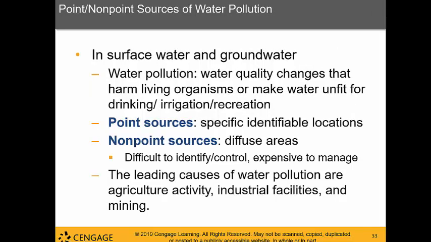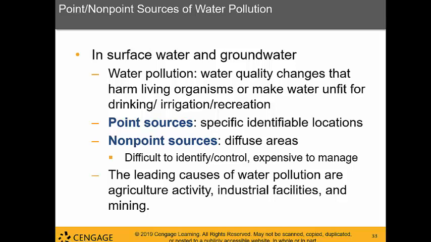Okay, so both surface water and groundwater can become polluted. Let's define what we mean by water pollution. Water pollution is any change in water quality, whether it's something added to the water or something that changes the pH outside of a normal range.